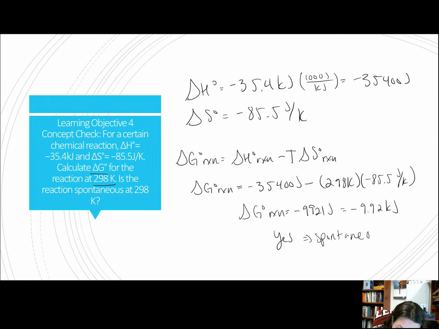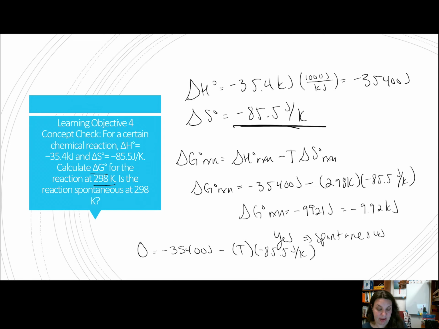At this particular temperature. However, notice we have a negative value for our delta S, which means that if we get to a high enough temperature, we're going to have a reaction that is non-spontaneous. And we can figure out what temperature that is by taking our delta G and setting it equal to 0 and solving for temperature. So 0 is equal to our delta H of reaction, negative 35,400 joules, minus our temperature, which is what we're solving for, times negative 85.5 joules per Kelvin.